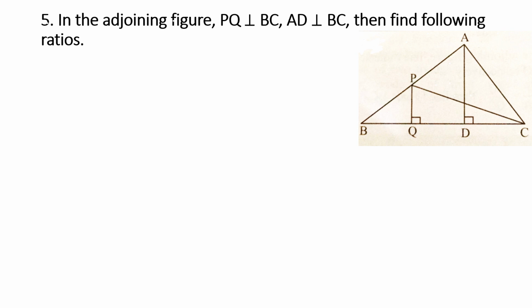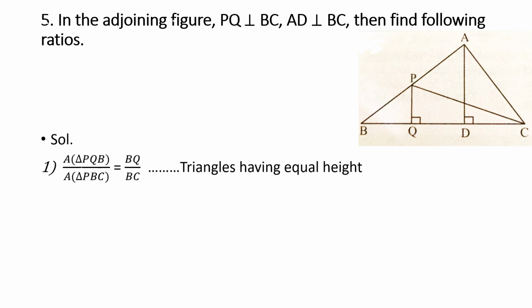Fifth question. In the adjoining figure, PQ is perpendicular to BC and AD is perpendicular to BC given. Then find the following ratios. The first one is area of triangle PQB upon area of triangle PBC.